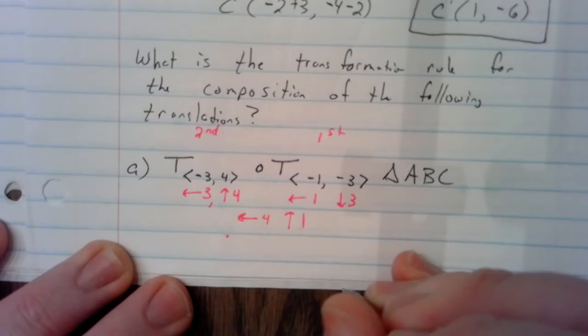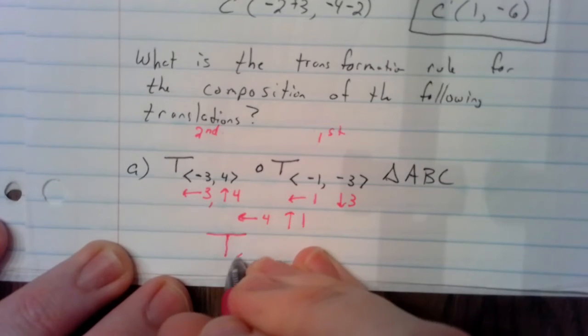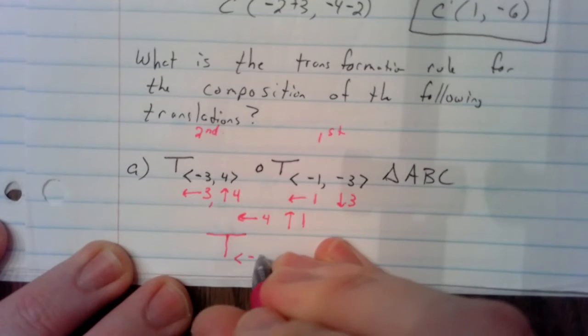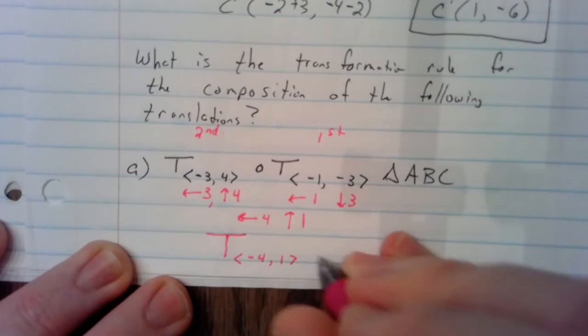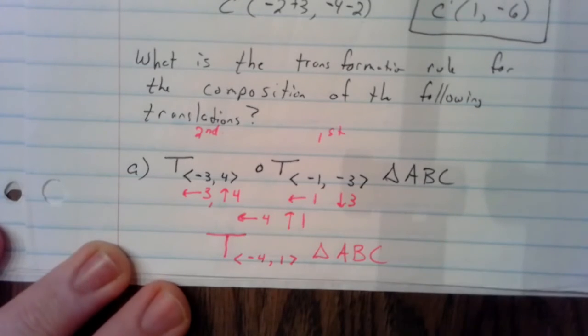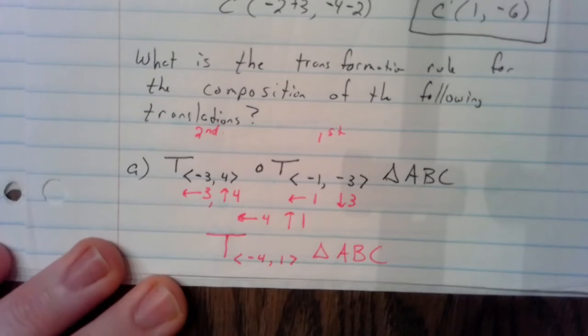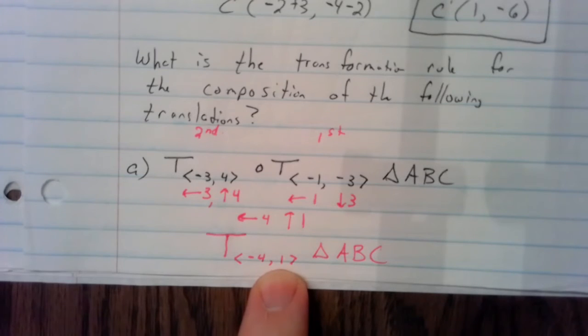So this transformation can be written simply as moving -4 spaces horizontally and 1 space vertically of triangle ABC. Okay, so again, you can picture that in your mind. If you were to graph and actually perform the transformation first and then second, you would find that it's the exact same thing as just doing this to the image.